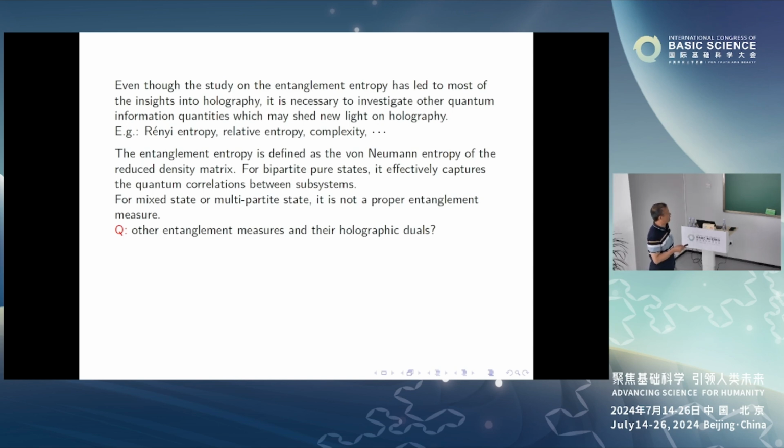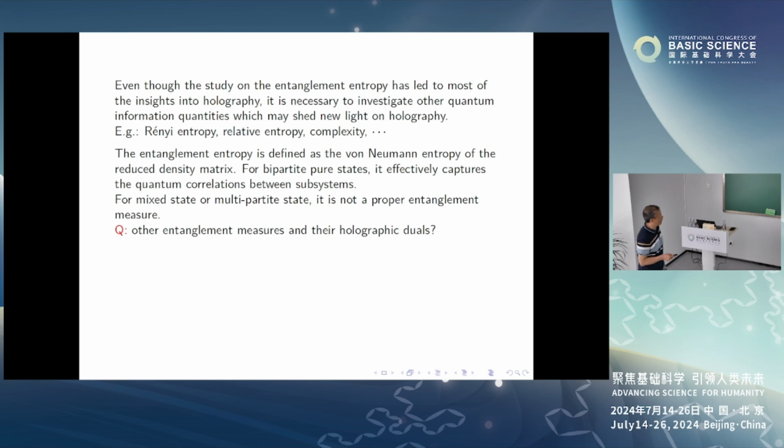Also, we know that entanglement entropy is defined as the von Neumann entropy of a reduced density matrix. It's a very nice quantity to capture the quantum correlation between subsystems, but only for the bipartite pure state. For other cases, for the mixed state or the multipartite state, it's not a proper entanglement measure.